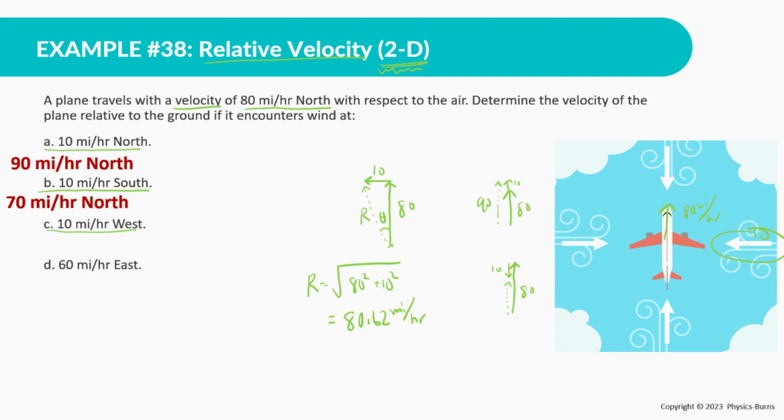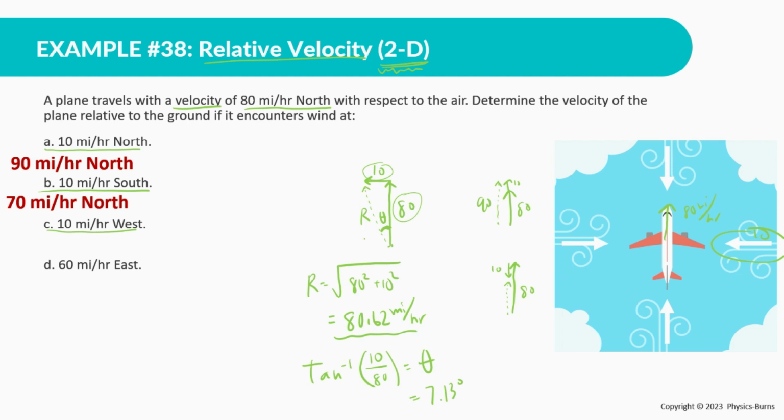But we also need to find this angle here. So let me do that. Tan inverse is equal to opposite, which is 10, divided by adjacent, which is 80. And then this is going to give us that theta. Tan theta, 10 divided by 80. And we get 7.13 degrees.